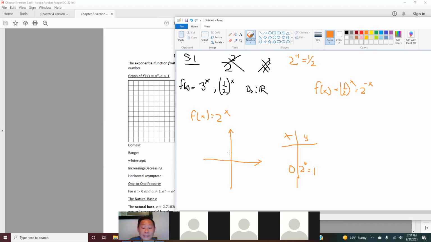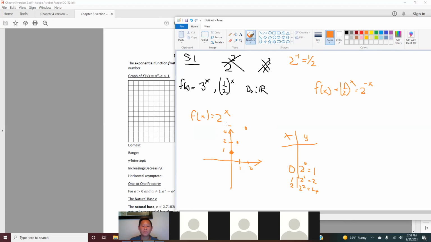So at (0, 1), it will be your y-intercept. What happens when you plug 1 in here? 2 to the power of 1 is 2. So at x is 1, y is 2. And when you put 2, you get 2 squared, which is 4. So when x is 2, y is 4. A little bit up, maybe here.